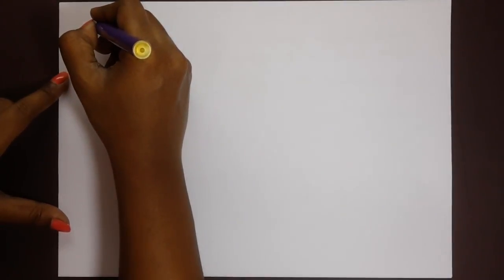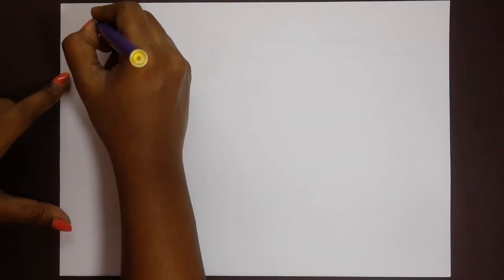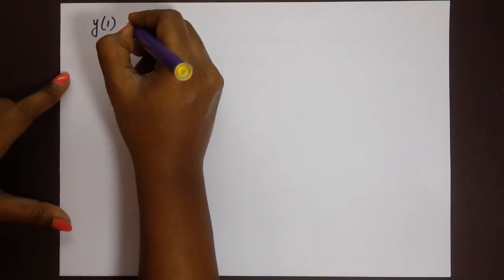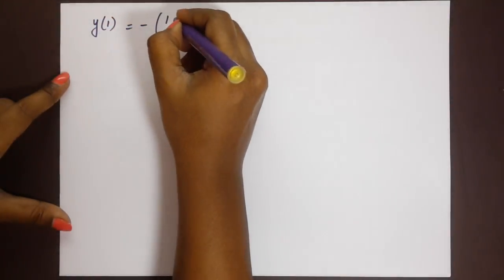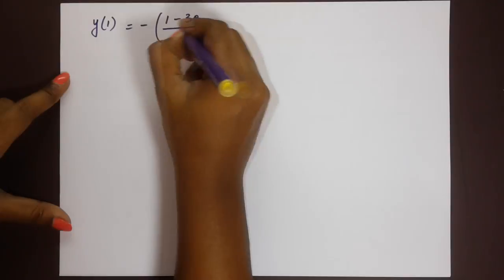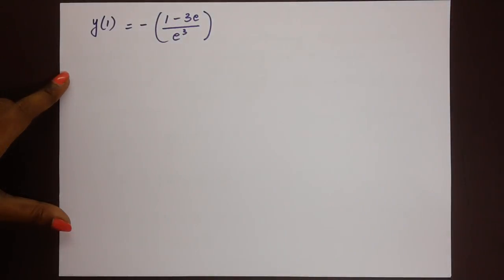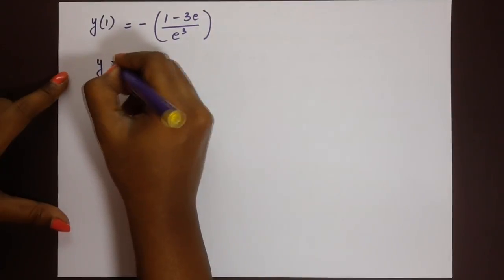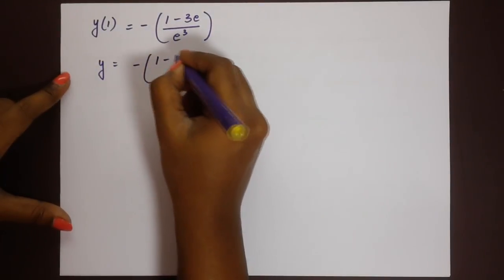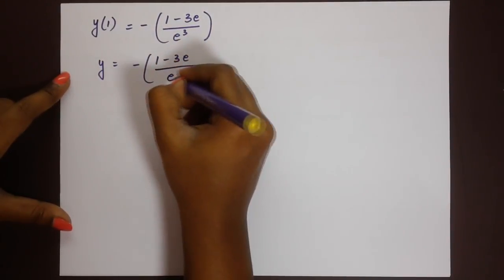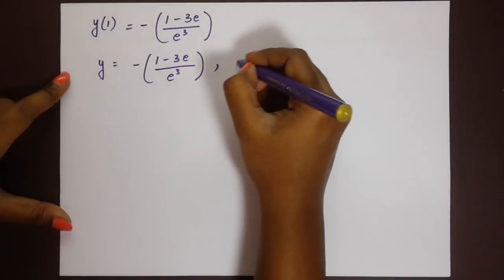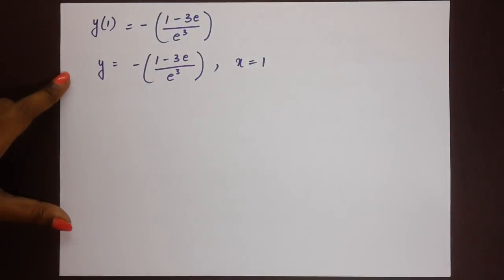So the second initial condition is y of 1 is equal to minus of 1 minus 3e divided by e cubed. Now this means that y is equal to minus of 1 minus 3e divided by e cubed and t is equal to 1.